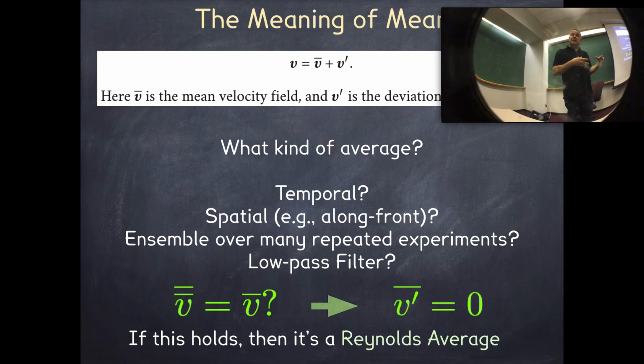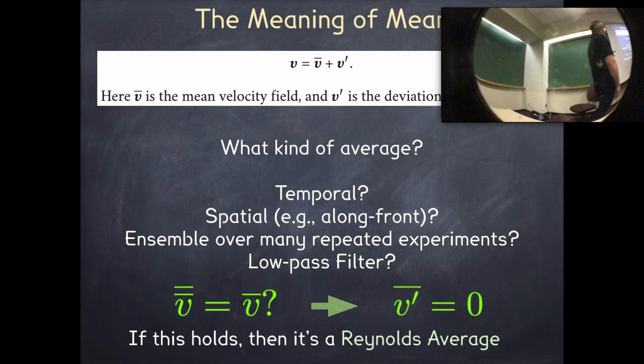There's lots of things we can mean by mean. We want to break up a flow, and this is using velocity, which is the traditional place to start, but we could equally have done it with temperature or with potential vorticity or something else like this. Actually, potential vorticity is an interesting case, which Abby is writing a paper about.